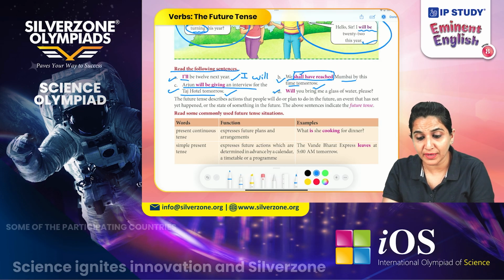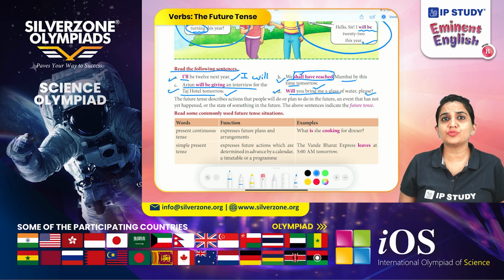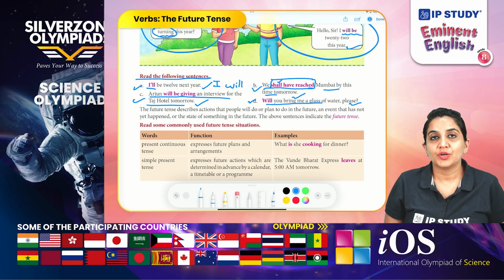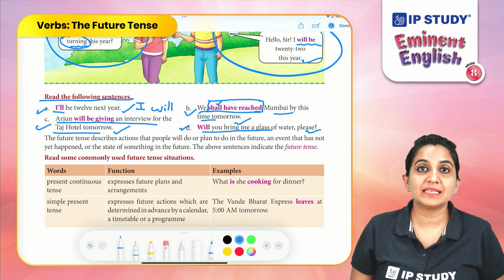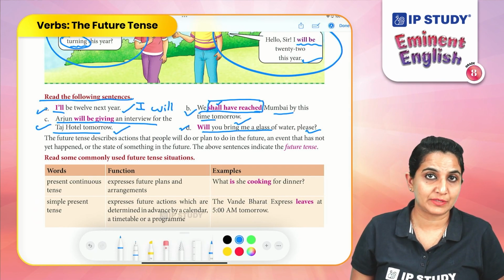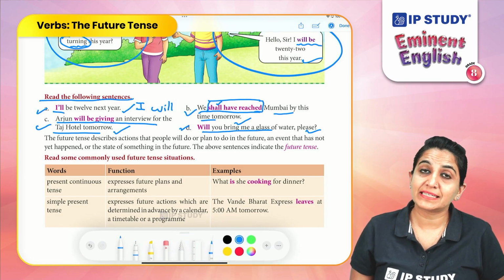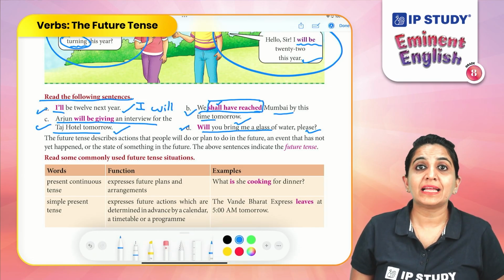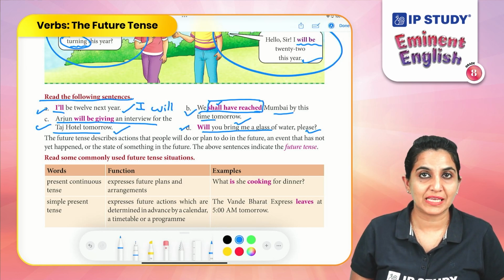Will you bring me a glass of water, please? So this is also to seek permission, right? So we use will to express the simple future tense as well and sometimes to form interrogative sentences as well. And as we have studied in modal auxiliaries, will is also used to seek permission.